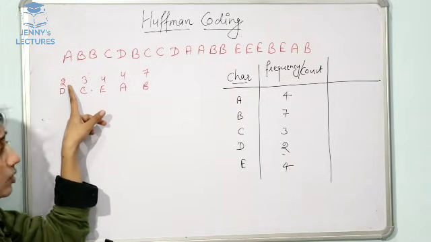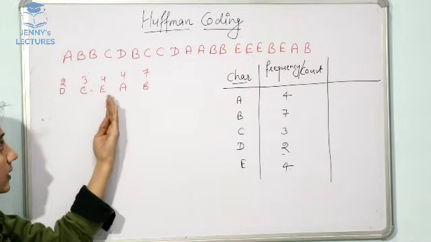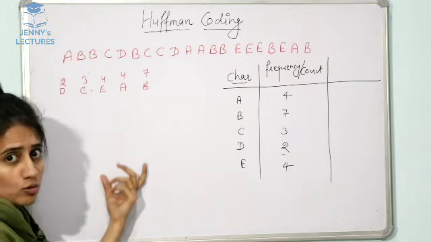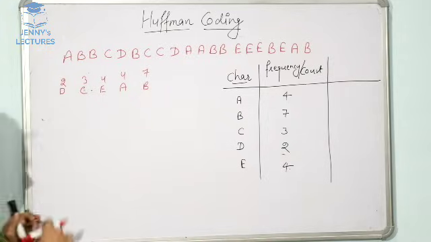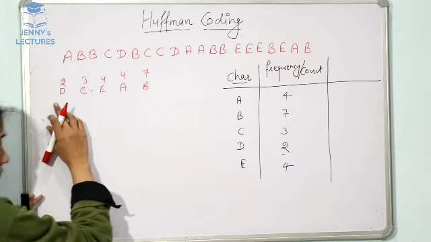If the frequency count is 2, then it will have more priority, then C, then E, then A and B. So this is a priority queue, or this can also be implemented using a min heap tree. I am just going to tell you in layman language. What is the funda?